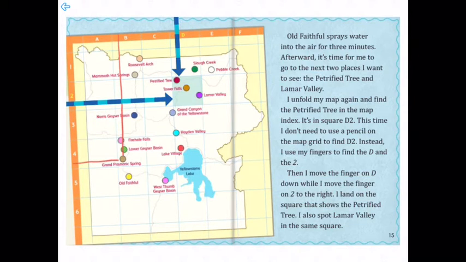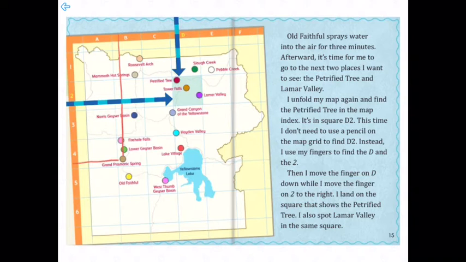The Petrified Tree and Lamar Valley. I unfold my map again and find the Petrified Tree in the map index. It's in square D2. This time, I don't need to use a pencil on the map grid to find D2.